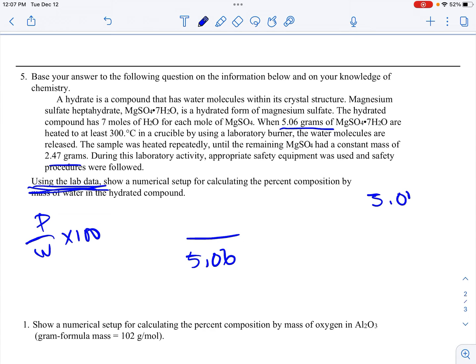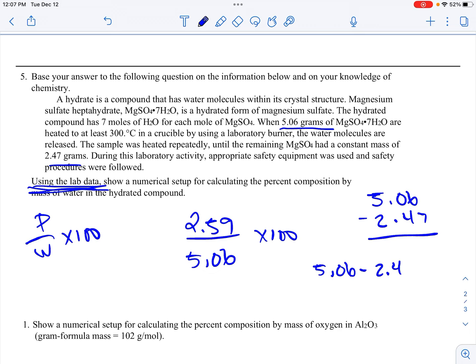So this part had water, this part didn't have water. So let's subtract those, 5.06 minus 2.47. So that's 2.59 over the whole times 100. You can also just say 5.06 minus 2.47 over 5.06 times 100. You don't actually have to do the subtraction up above.